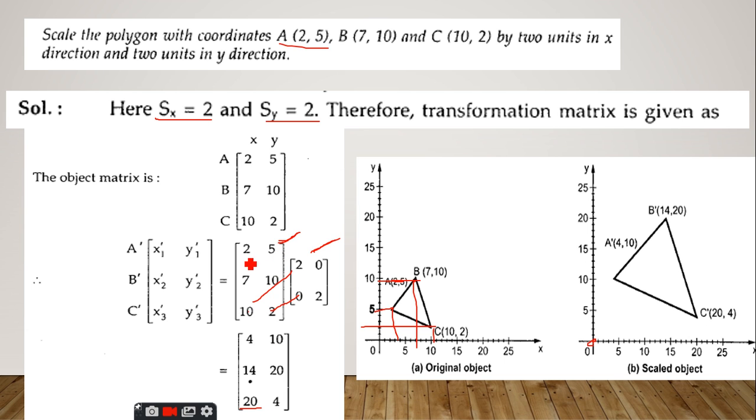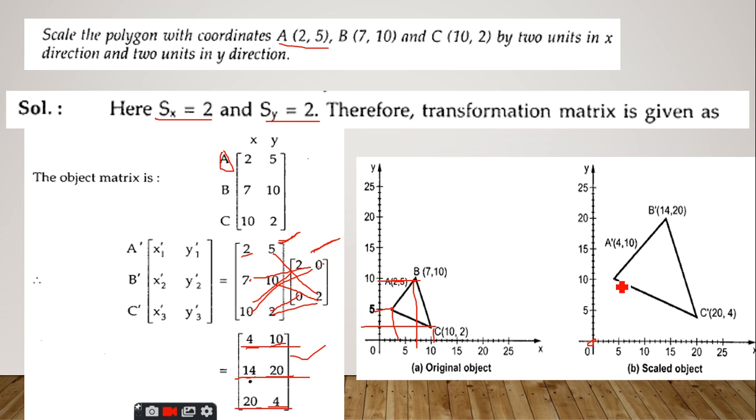Now for the second column, 2 into 0 is 0, then 5 into 2 is 10, that means 0 plus 10 is equal to 10. Then 7 into 0, then 10 into 2, then 10 into 0, 2 into 2, that is 4. When I solve this multiplication of the 3 row 2 column and 2 row 2 column matrices, this is the answer: point A is (4, 10), B is (14, 20), and C is (20, 4).